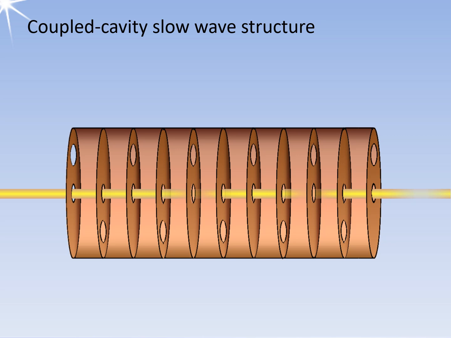The high quality of the single resonators allows the coupled cavity TWT to have a better upper cutoff frequency, resulting in a significant increase in power. However, the tube also has a very narrow bandwidth due to the frequency-dependent resonators. Coupled cavity TWTs can provide over 100 kilowatts of pulse power and around 25 kilowatts of continuous wave power.